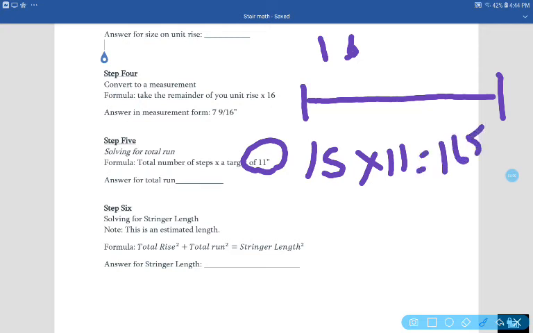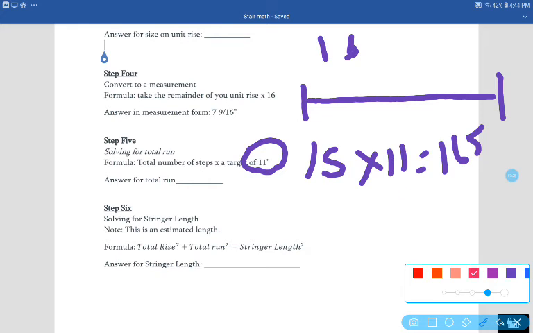You can change this depending on your needs. So you got 165 as an answer, but if there's not enough room, you can actually shrink or grow your unit rise to make this change a little bit. So you have a little freedom. So you could say, 15 times 10.5 inches and figure out what that is. You're not fixed at 11.